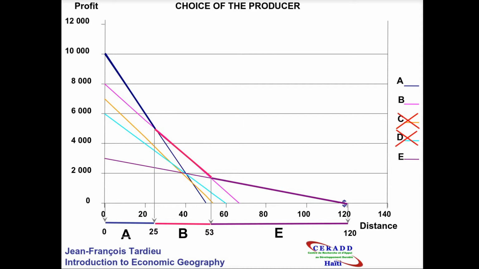Beyond 120 kilometers, none of the 5 crops can be grown for sale at the market, since the cost of transport would cause the ruin of the producer, regardless of the crop considered.